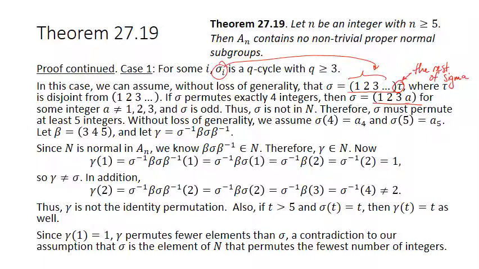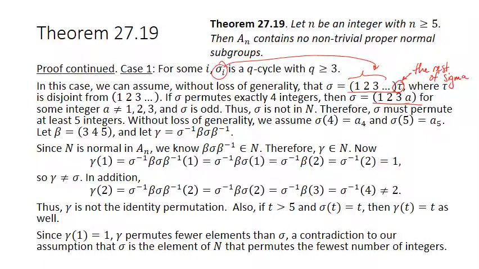Oh boy, I don't know if this explanation is going well, but I am trying. Okay, so sigma would have to be (1 2 3 a) for some integer a that is not 1, 2, or 3. And then what that would mean is a cycle of exactly 4 elements is actually an odd number of transpositions. That would actually be 3 transpositions multiplied together. It would be (1 2)(2 3)(3 a).